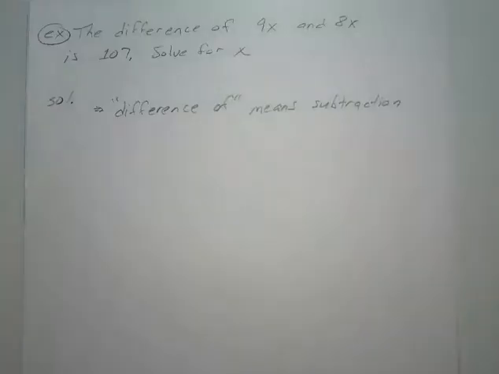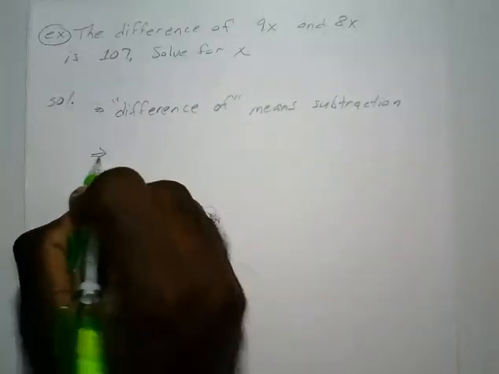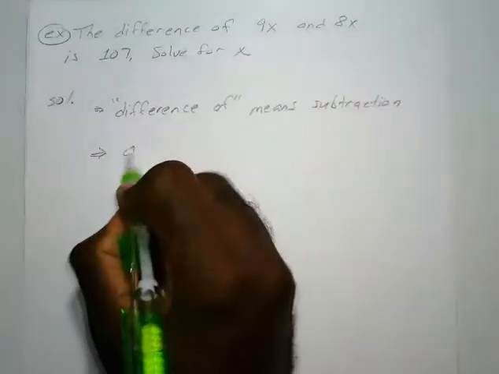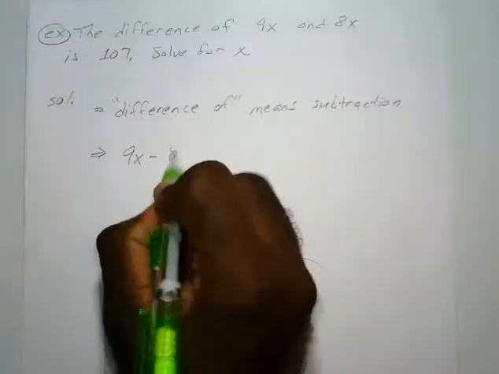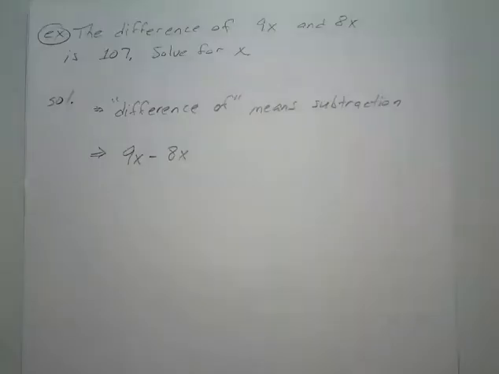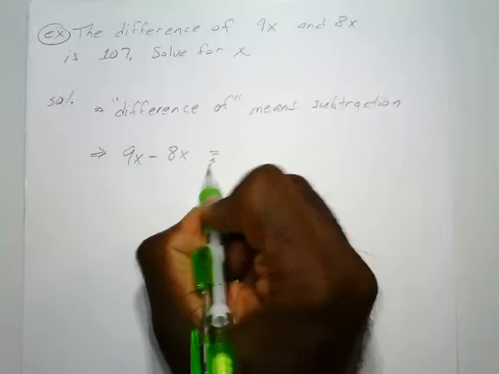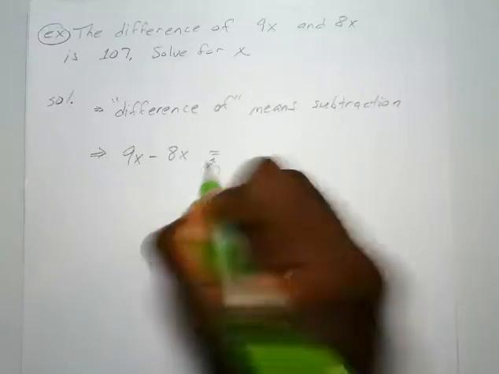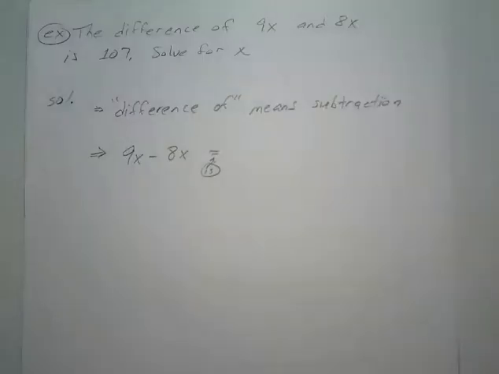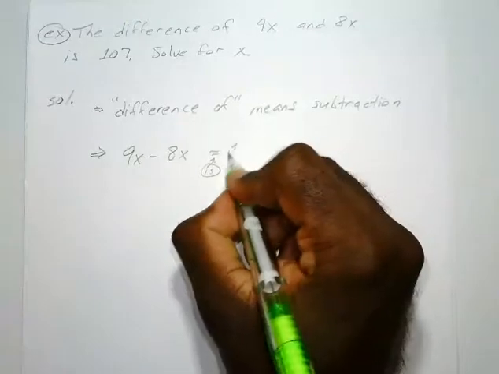So the difference of 9x and 8x. Remember, is means equal to 107.